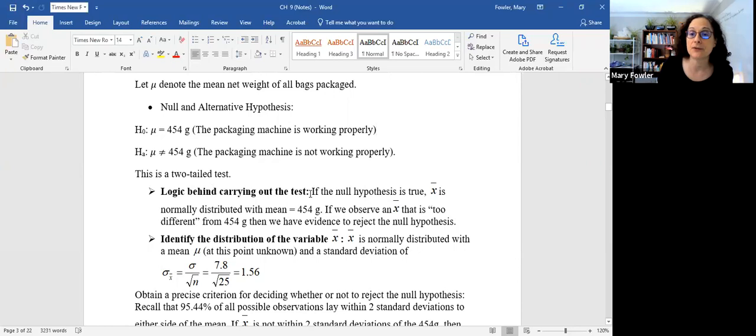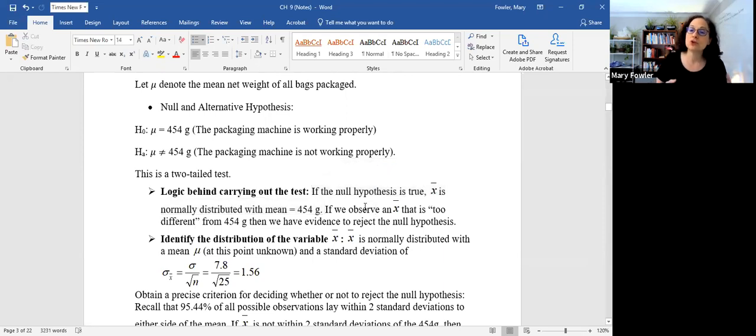If the null hypothesis is true, we would expect that the sample mean is normally distributed with a mean of 454 grams. That's the null hypothesis, right? So if the null hypothesis is true, X bar is normally distributed with a mean of 454 grams.